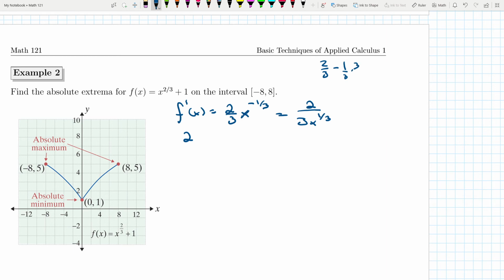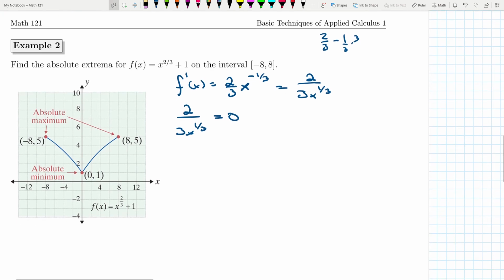Okay, so that's fine. In this case, 2 over 3x to the 1/3, set it equal to 0. It's only the denominator that contains the x. On the one hand, 2 equals 0 doesn't make sense.